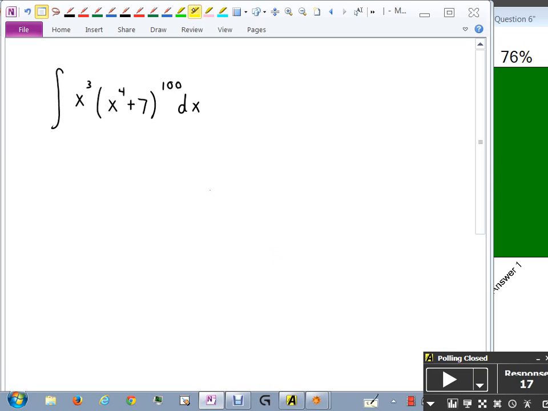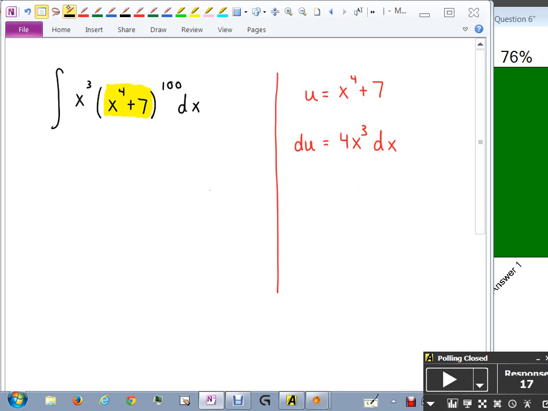So do you see something in its derivative? I think I already heard it. x^4 + 7. You see its derivative, kind of? Okay, so let me try this. u is equal to x^4 + 7. The derivative of this would be 4x cubed dx. Now, on this time I did not show that middle step. I just went straight to du equals 4x cubed dx.